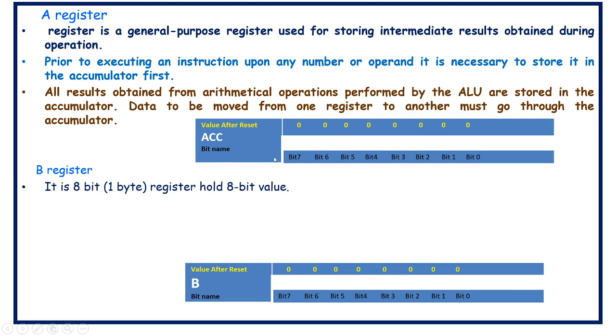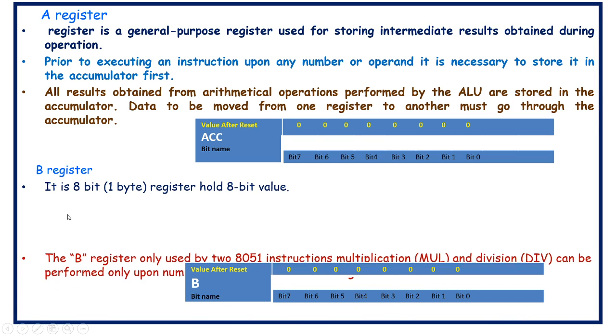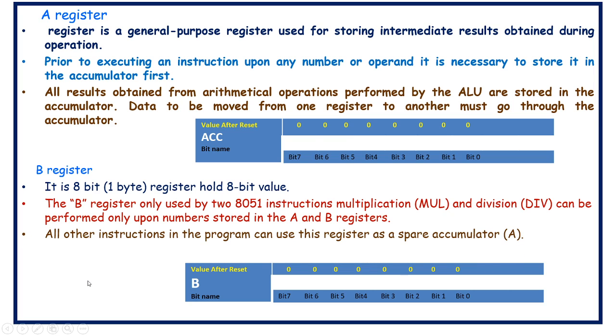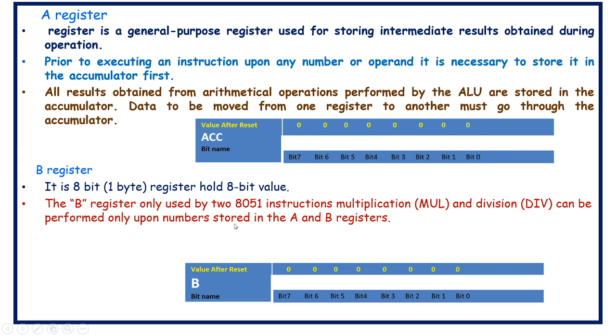Bit 0 to bit 7 make up the accumulator register. When we press the reset button, the accumulator content gets reset. Register B is also an 8-bit register. For multiplication and division instructions, this register is used. And this is a replacement of the A register also.